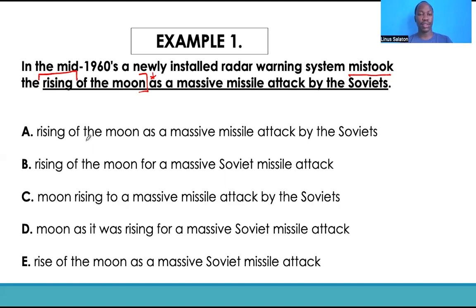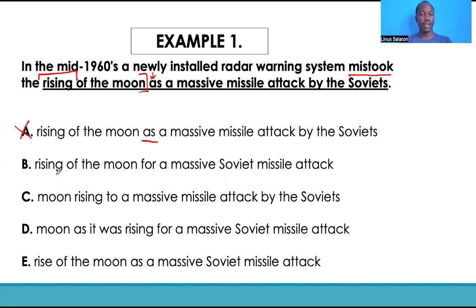So let's examine the answer choices that were provided. A says, mistook the rising of the moon as a massive missile attack by the Soviets. This is more or less a repetition of what is underlined here, and for the reason that there's an incorrect idiomatic construction, we eliminate this answer choice. The wrong idiomatic construction here is the use of as instead of for, because mistook is usually followed by for.